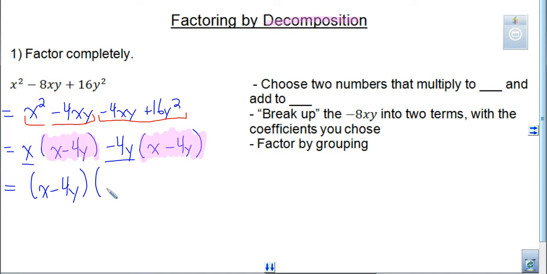If I factor that out, it's first multiplying x, and then it's also multiplying minus 4y. So this is now factored into two binomials, but one final step that we can do, because it's the same binomial multiplying itself, is to fully factor it into x minus 4y squared.